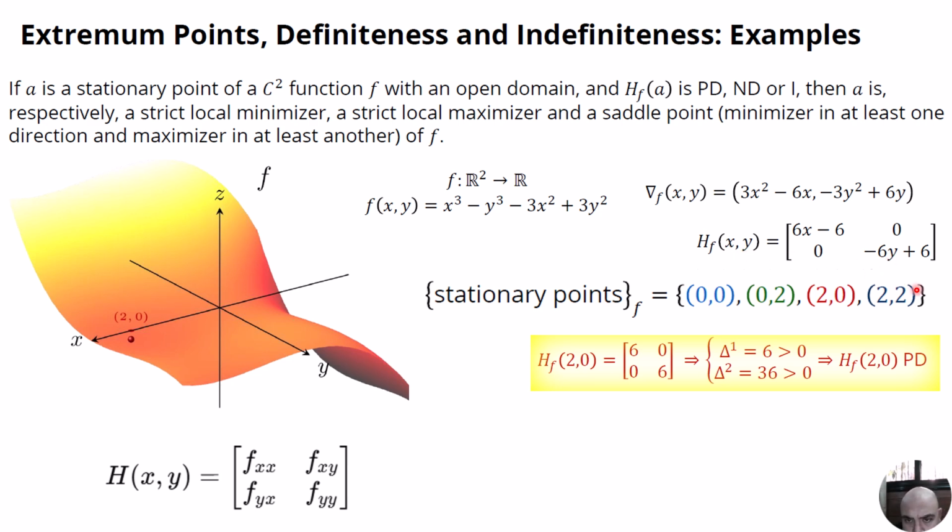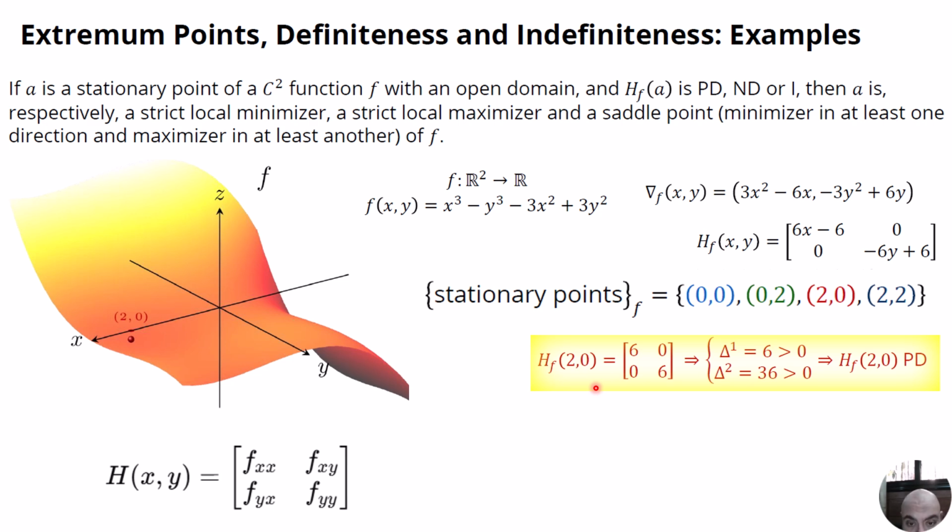So once more, substituting by the point 2 and 0, you will have this matrix over here, which is the Hessian matrix at this critical point. Let's see the leading principal minors.